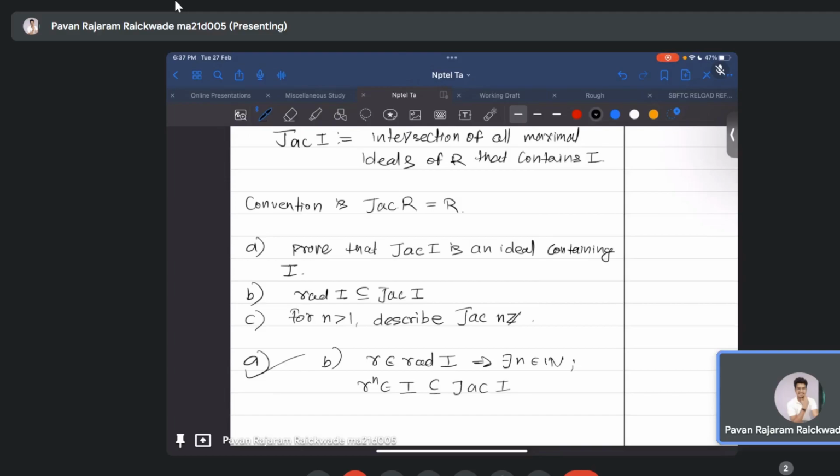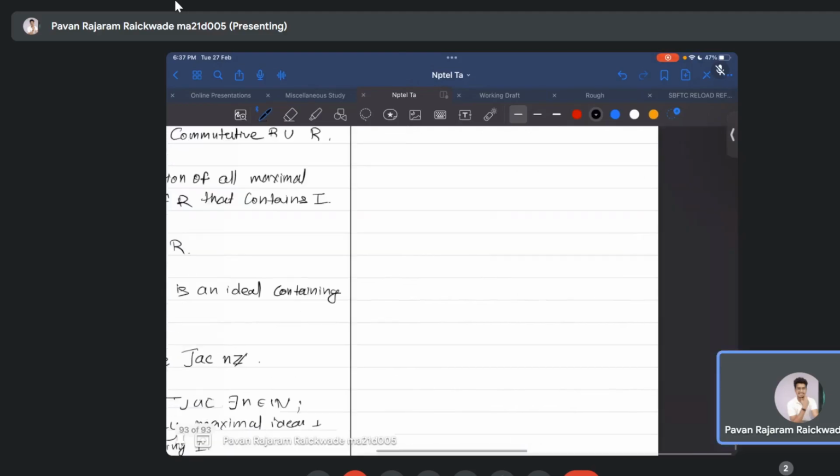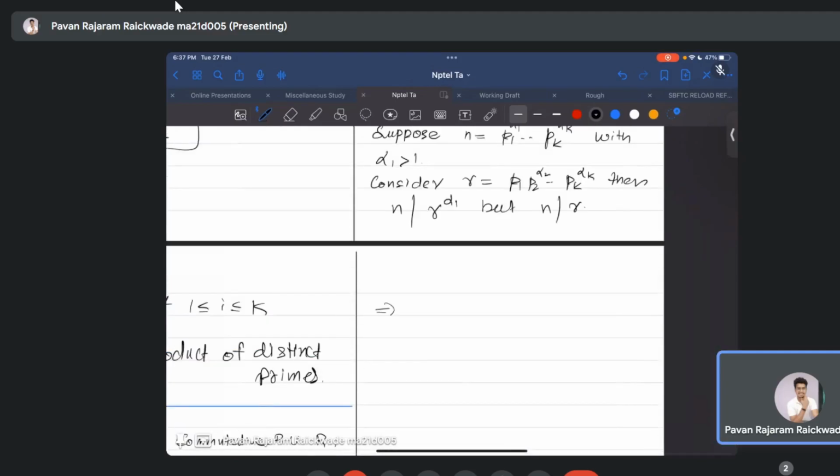So this means, for every maximal ideal I tilde containing I, r to the power n belongs to I tilde.